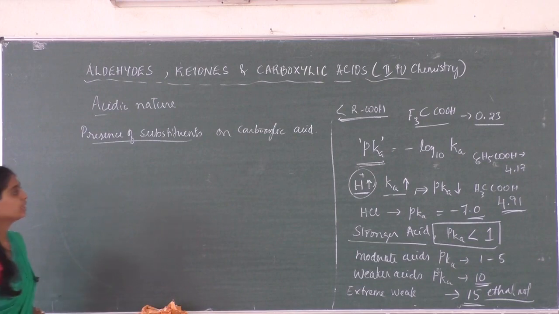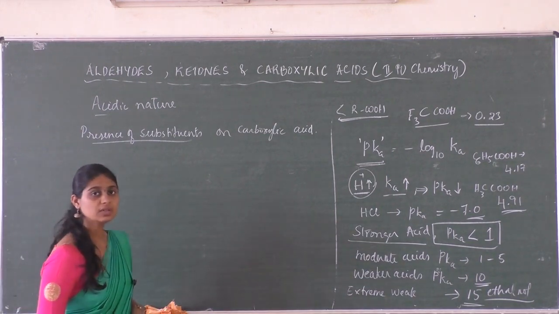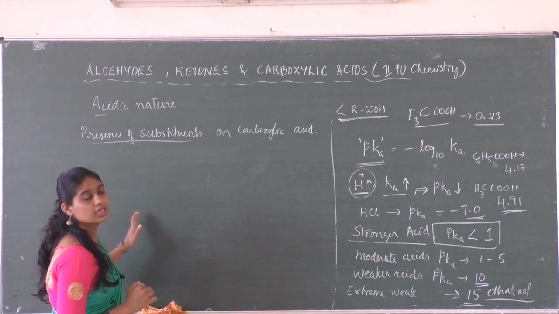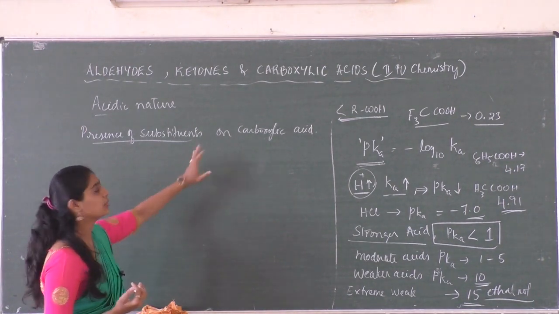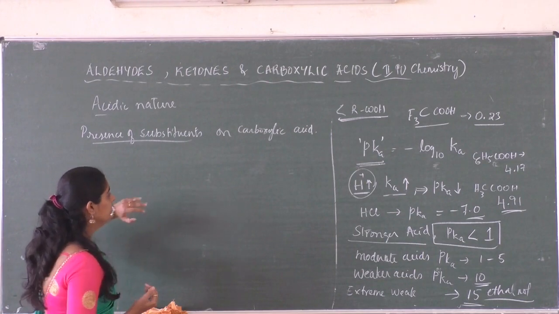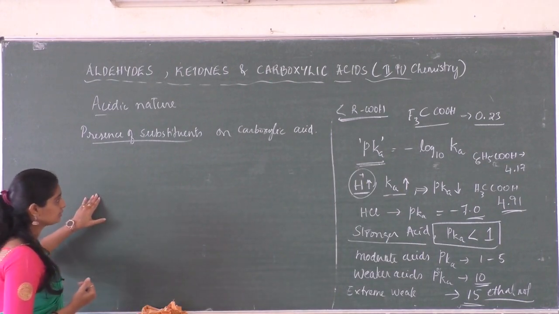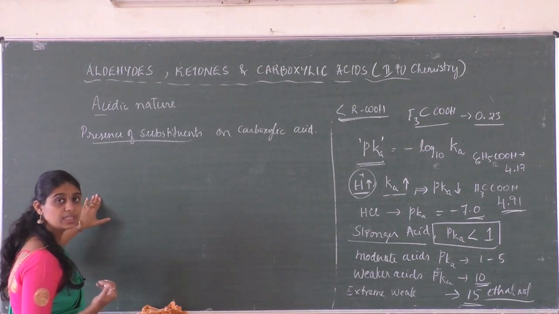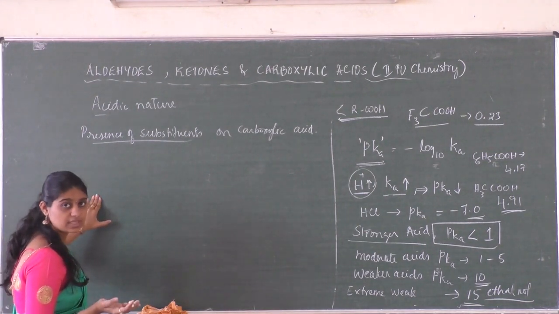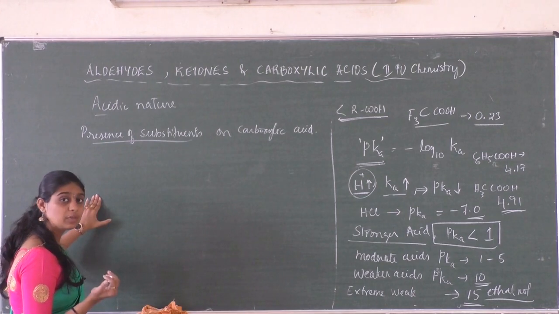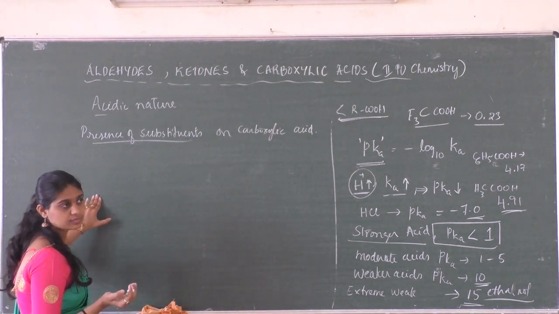So the substituents present on the hydrocarbon part will influence the acidic character of the carboxylic acid. That is, if the substituents increase the stability of the carboxylate ion, then faster will be the release of the H plus ion, therefore greater will be the acidic character.